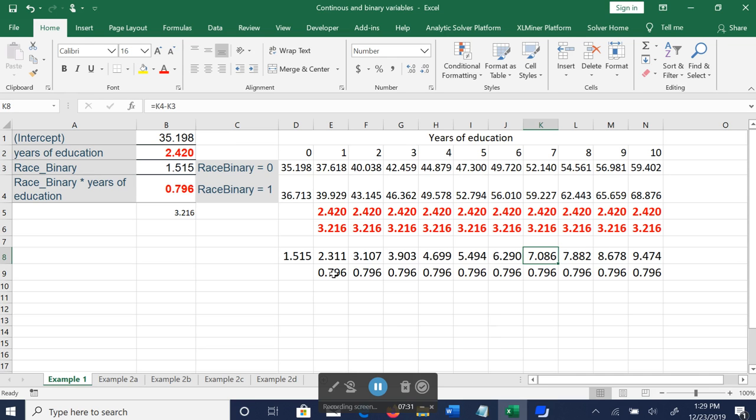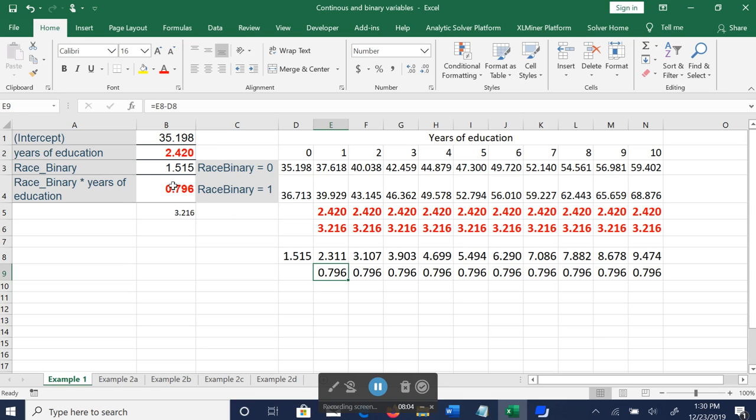So, if we want to find out how the gaps in income between racial groups change, you go to another row, you plug in the formula here. So as you can see, racial differences in income with additional years of schooling acquired change about $796.